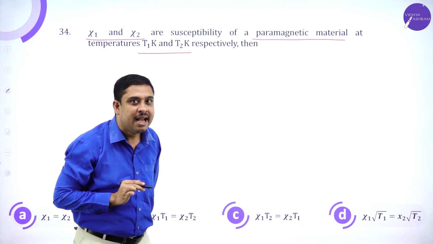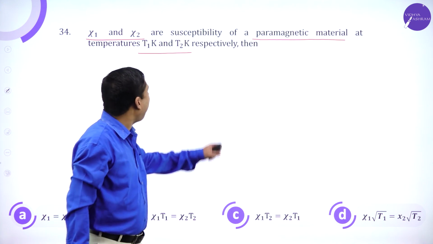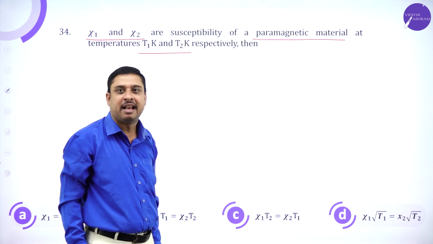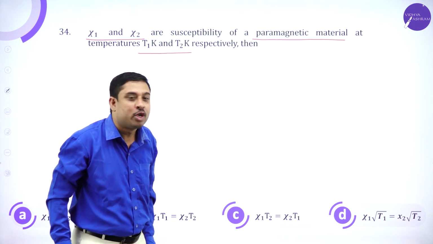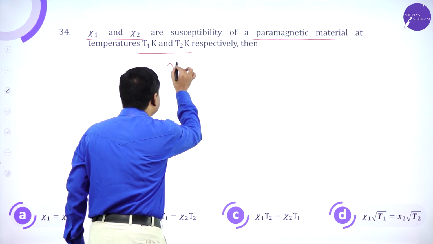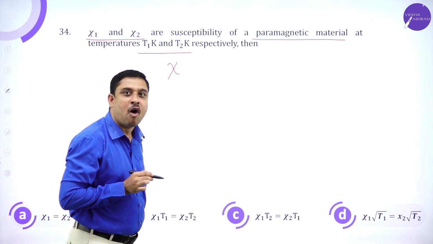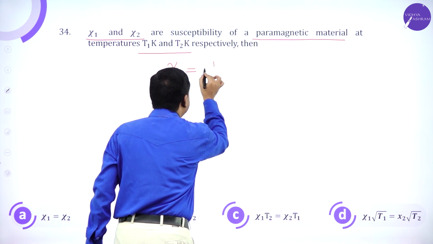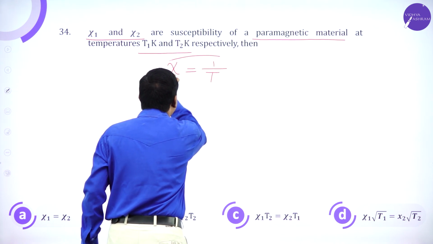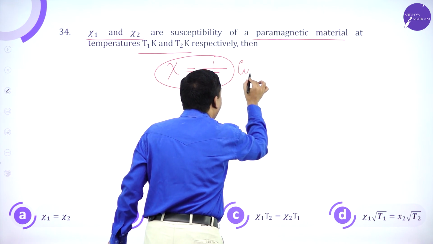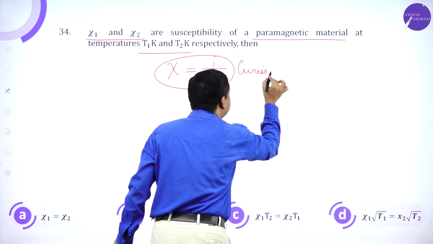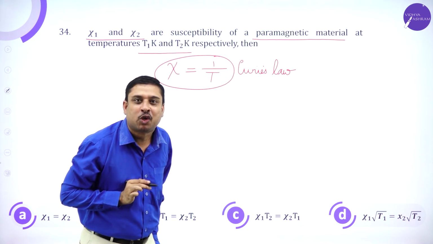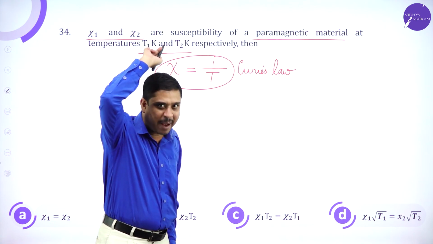Chi 1 and Chi 2 are the susceptibilities of a paramagnetic material. So what does Curie's law say? Susceptibility of any paramagnetic material is inversely proportional to absolute temperature. This is what we formulated as Curie's law of paramagnetism.